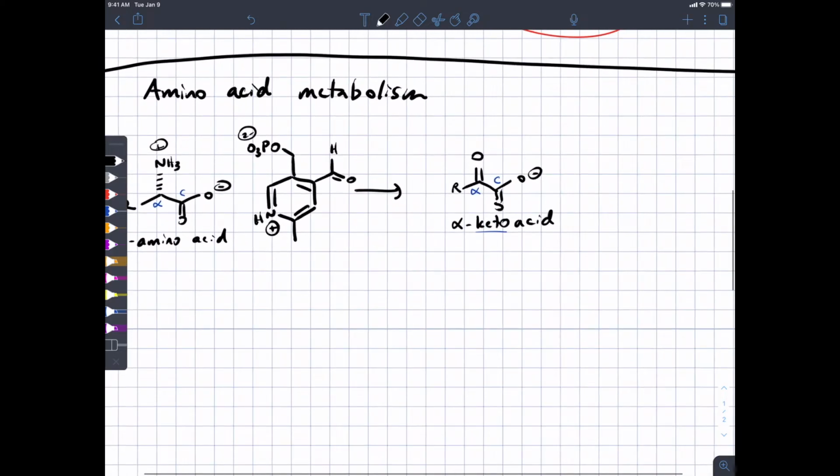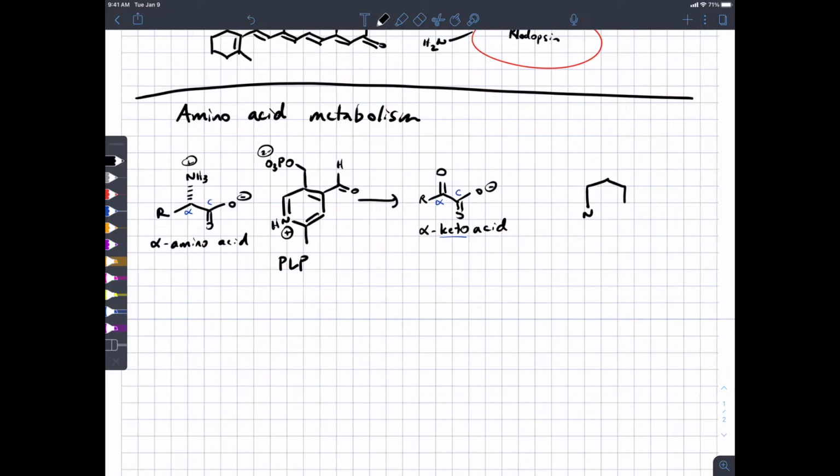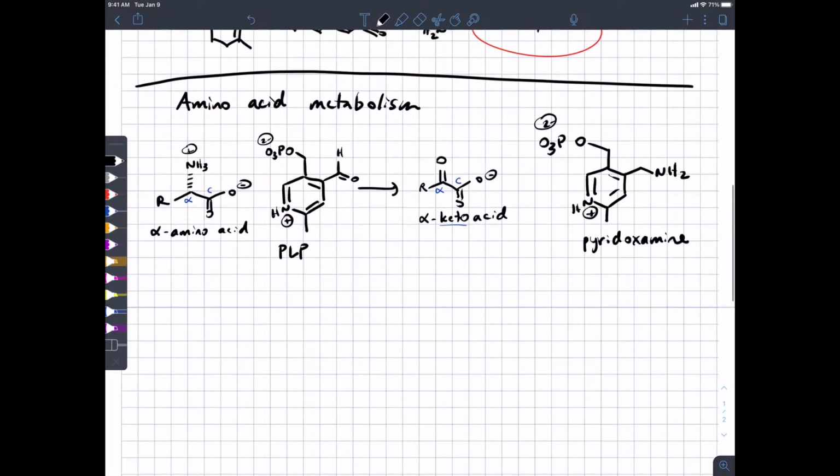And what we will see is that this reaction makes the alpha keto acid, but at the same time converts PLP to pyridoxamine. And this is why you don't need an oxidation reagent.